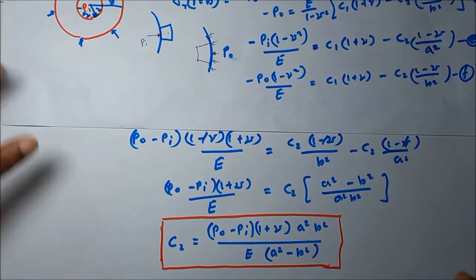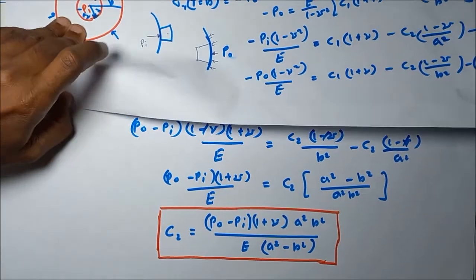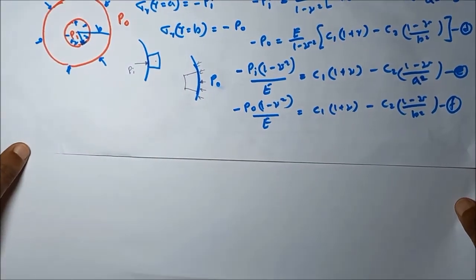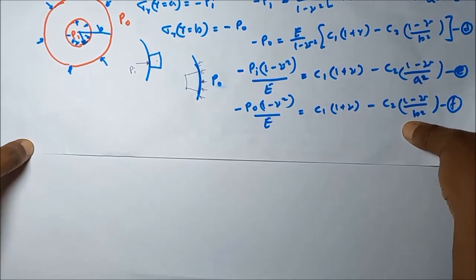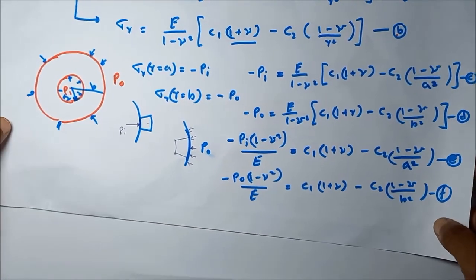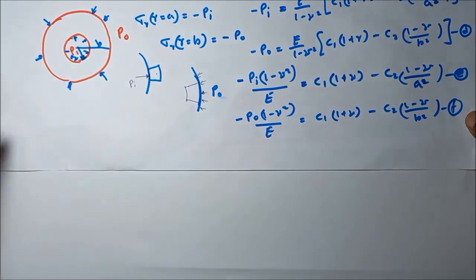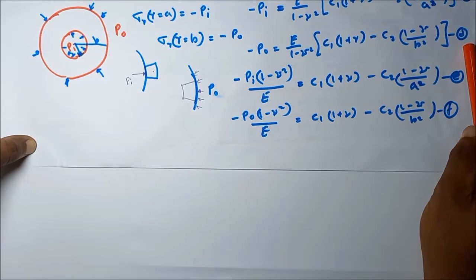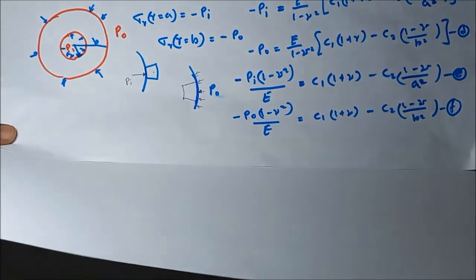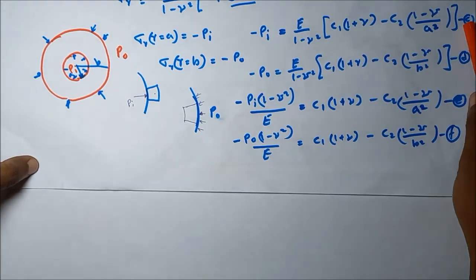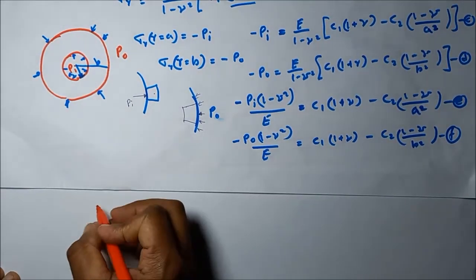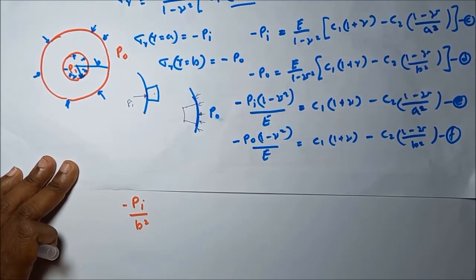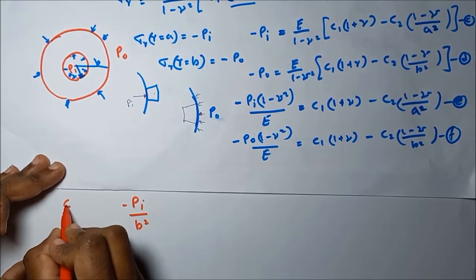First of all I am going to divide this C1 equation by b square. By dividing the equation by b square, we are having Pi divided by b square.